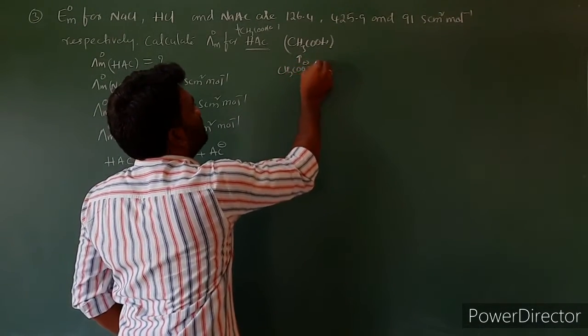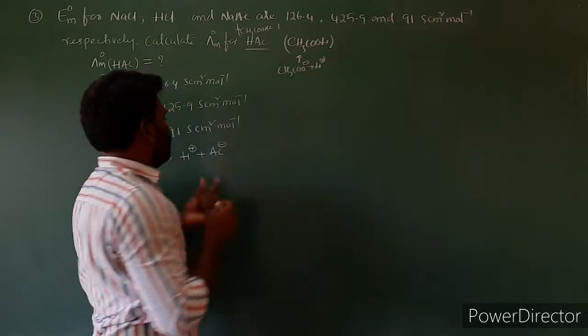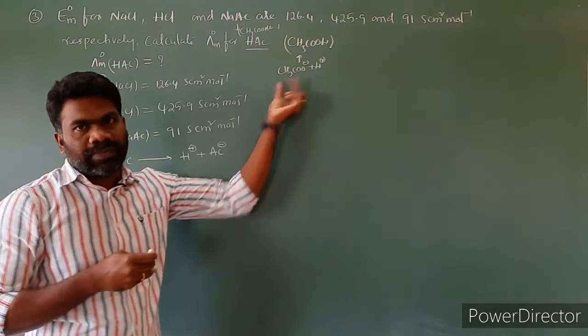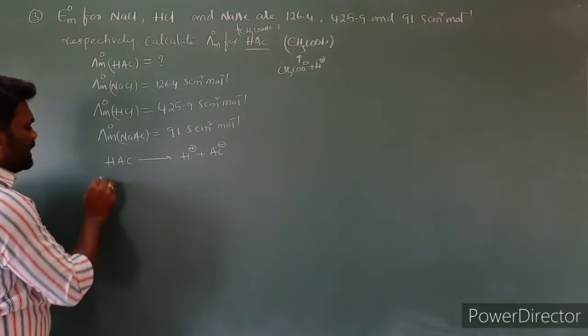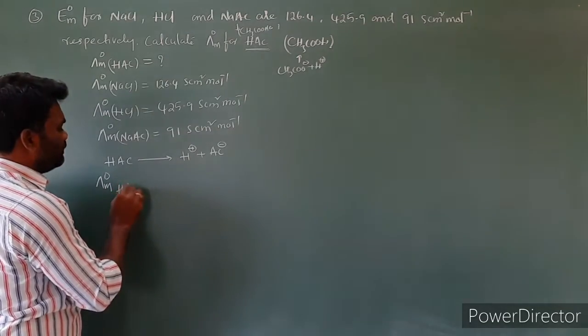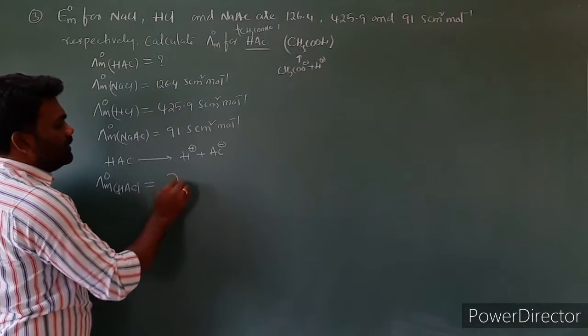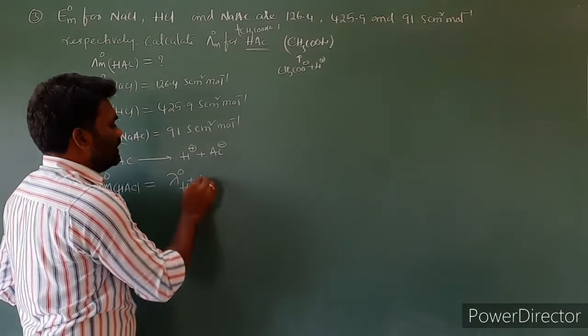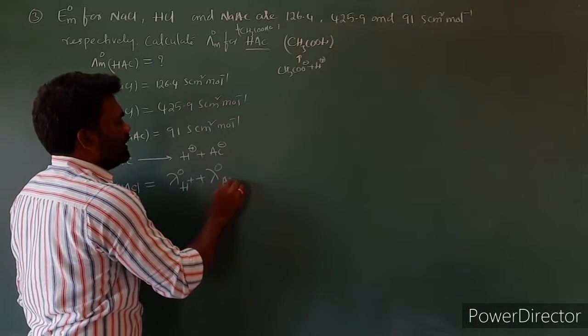CH3COO minus plus H plus. We got H plus; Ac means CH3COO minus. Then for this case, lambda m naught HAc is equal to lambda naught, the limiting molar conductivity of cation H plus ion, plus lambda naught Ac minus.